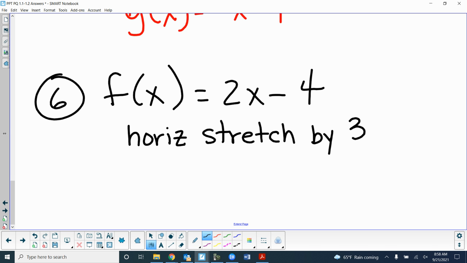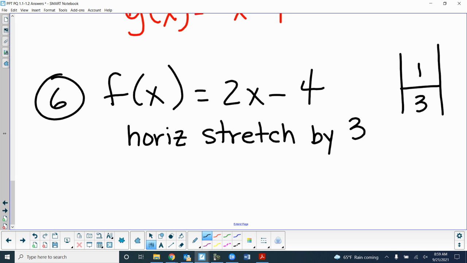So remember, those are the hard ones. Capital H for horizontal and hard, and it's always 1 up there, and then whatever the factor is down here. So it becomes the reciprocal when we do that.